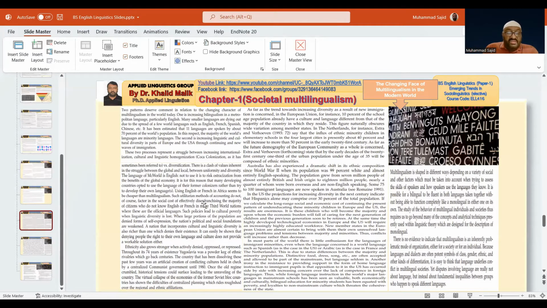Such utilitarian methods of accounting do not, of course, factor in the social cost of effectively disenfranchising the majority of citizens who do not know English or French in many third world nations, where these are the official languages. Such policies lead to cultural poverty when linguistic diversity is lost.